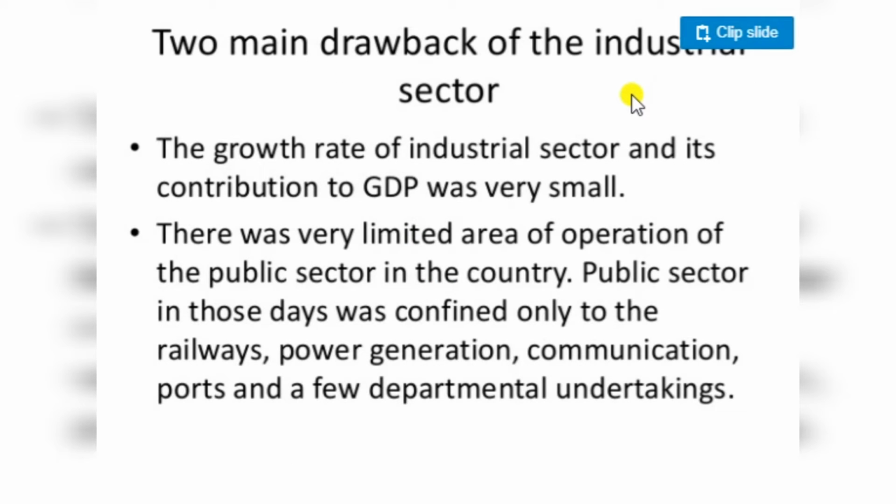The two main drawbacks of the industrial sector were that the growth rate of the industrial sector and its contribution to the GDP was very small at that time, and there was a limited area of operation of the public sector in the economy due to various policies implemented by the Britishers, and the public sector in those days was confined only to railways, power generation, communications and such.